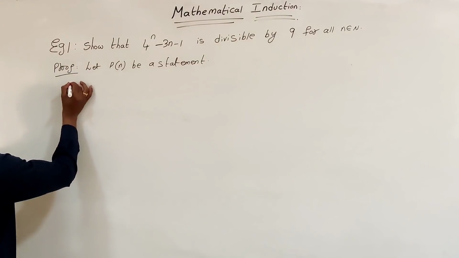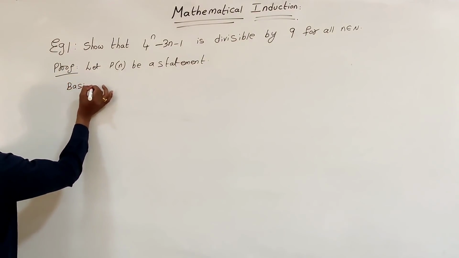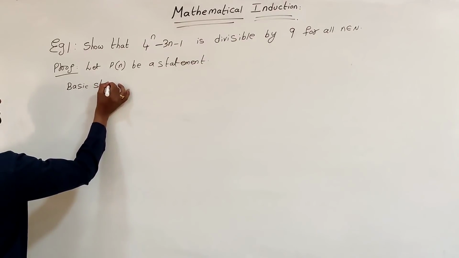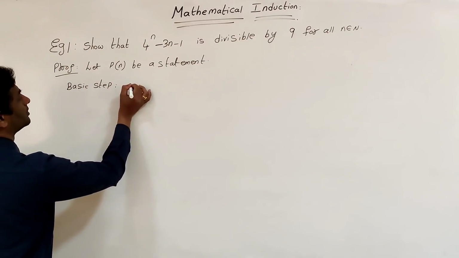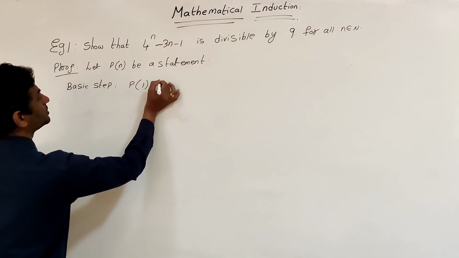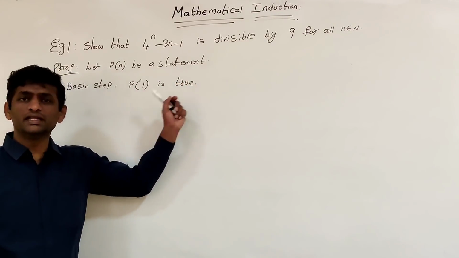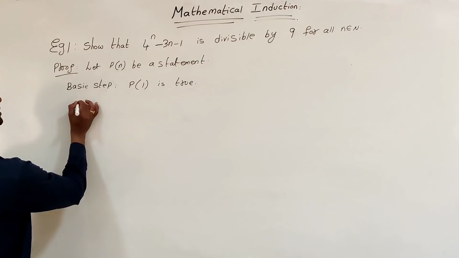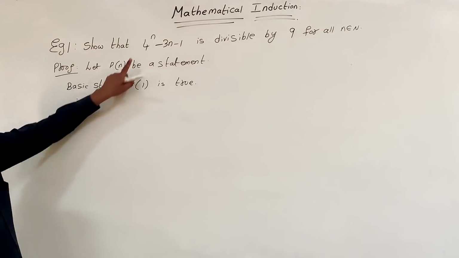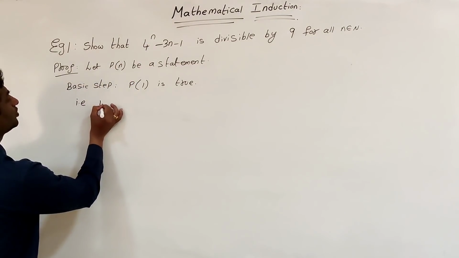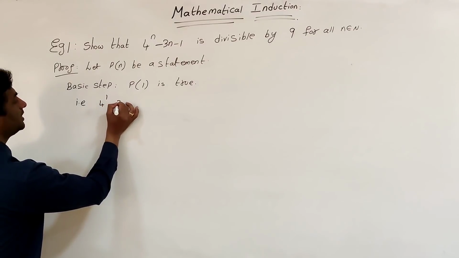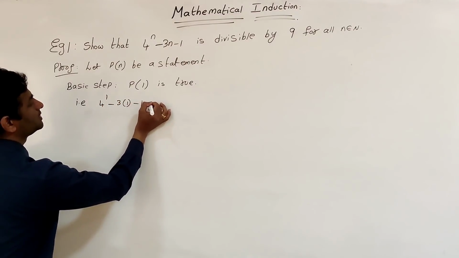Now, the basic step. P of 1 is true. What is that statement? If you put n is equal to 1, 4 to the power of 1 minus 3 into 1 minus 1 is equal to what?